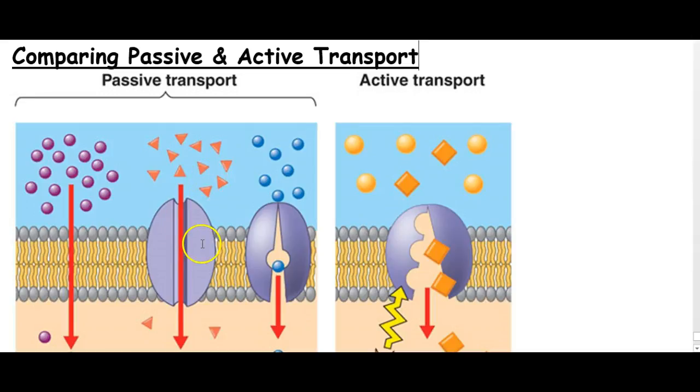Over here I have my channel protein carrying some ionic or polar molecules through, and they can do that because usually the inside of this channel protein is lined with polar or ionic R groups on amino acids. And then over here we have our carrier protein.